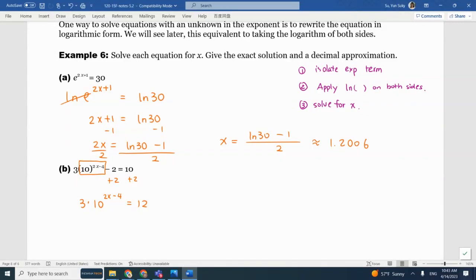We want to isolate this term. By the way, can I multiply the 3 and 10 together to get 30? No, we cannot, because this has the exponent, this has no. So we want to isolate this. So we don't want to have the 3, we don't want to have minus 2. So what do you do with the 3?